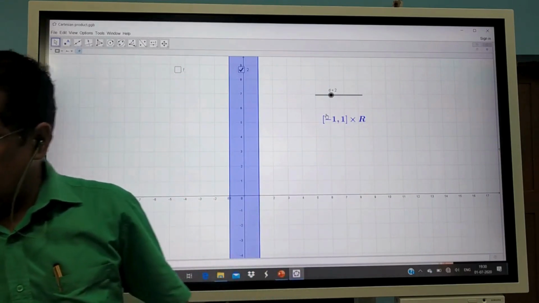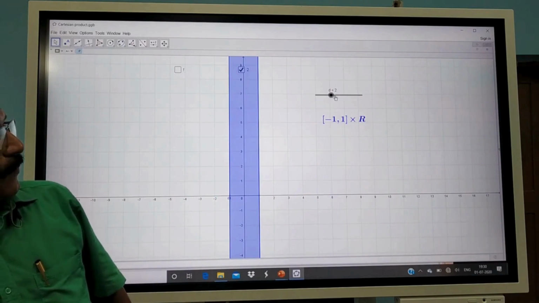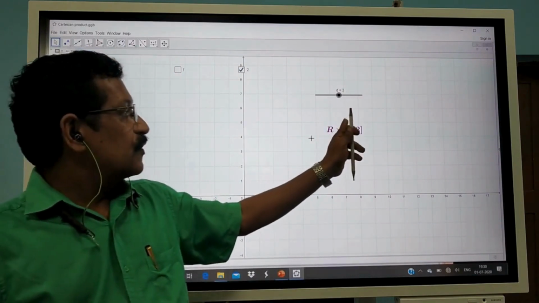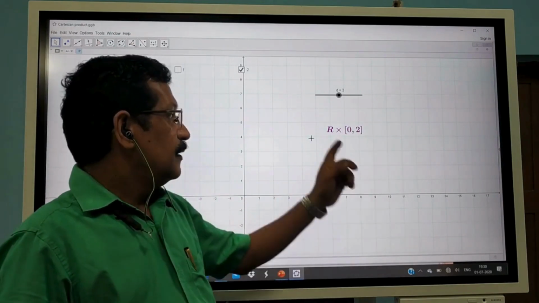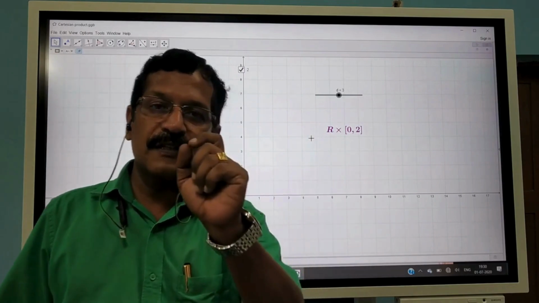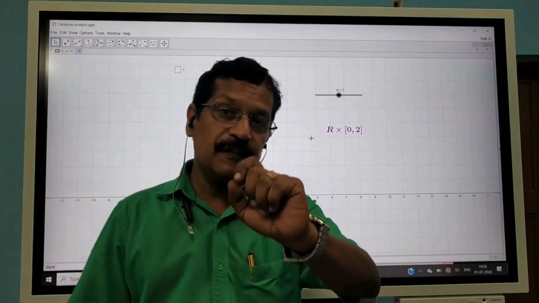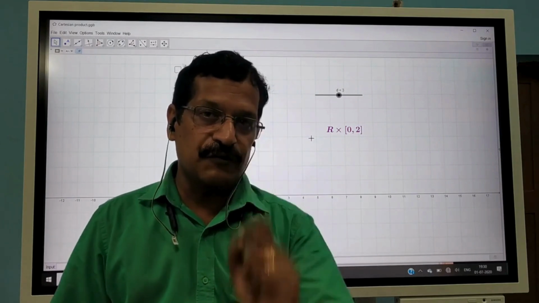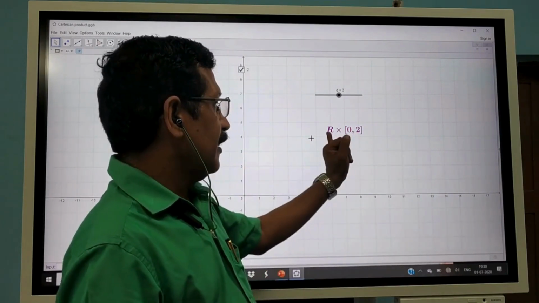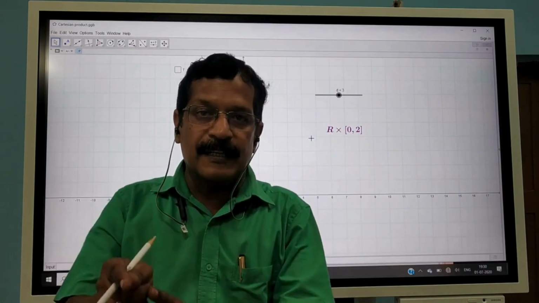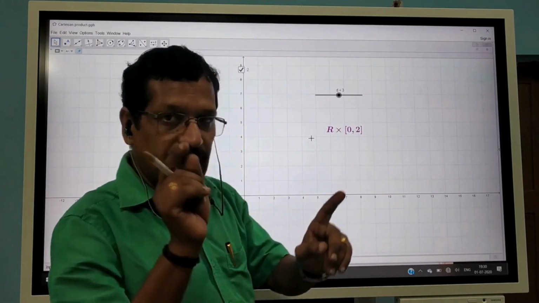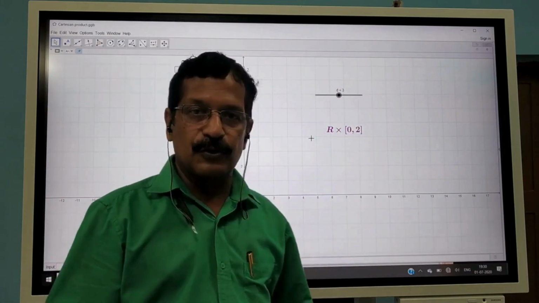Let us think about another example. R cross closed interval [0, 2]. Here, in the set of all ordered pairs, the first components are elements of the real numbers R, and the second components are elements of the closed interval [0, 2].